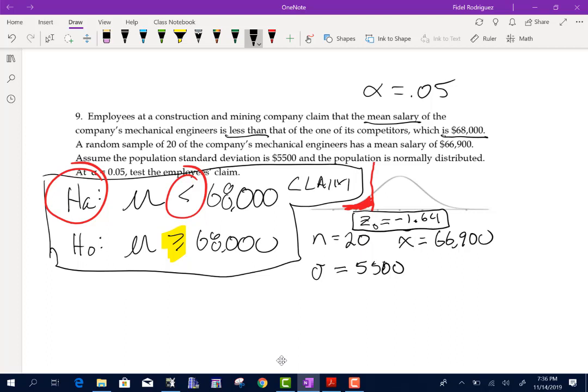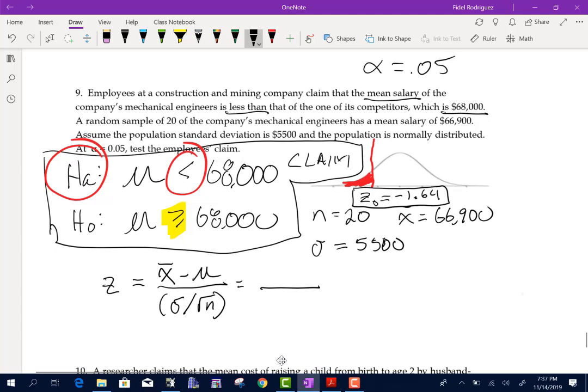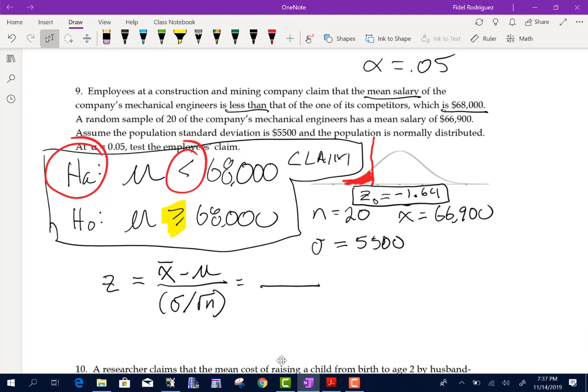Now what I want us to do is find our Z value like we did in the problem that we did a little bit earlier, the same one that we did on Tuesday night. Let's see if we can do this part here, guys. What is our X bar in this case? 66,900.